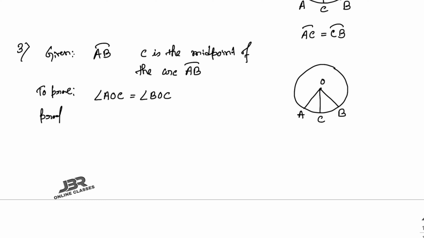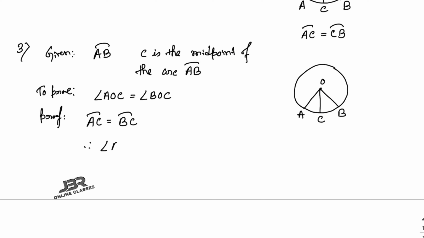Now the last one, proof. As C is the midpoint, you can write AC is equal to BC. That means arc AC is equal to arc BC. But arc AC and arc BC subtend angle AOC and angle BOC at the center.